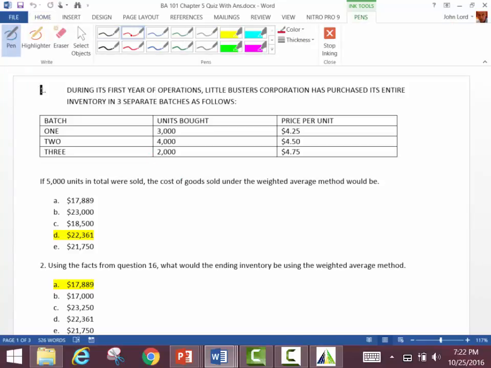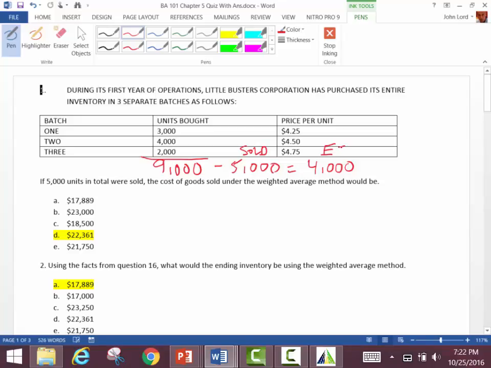They bought 9,000. And how many did they sell? They sold 5,000, didn't they? So this is almost like that question, just a little bit different, right? In the other one, we sold 4,000 and ended up with 5. Here, we sold 5,000 and we're going to end up with what?